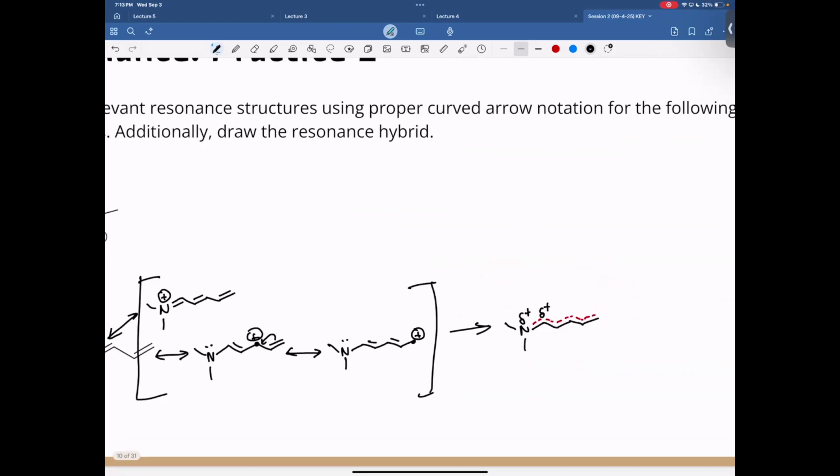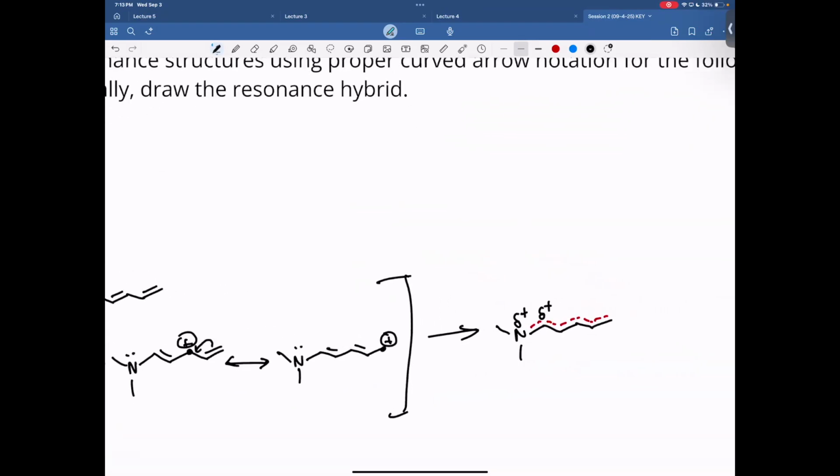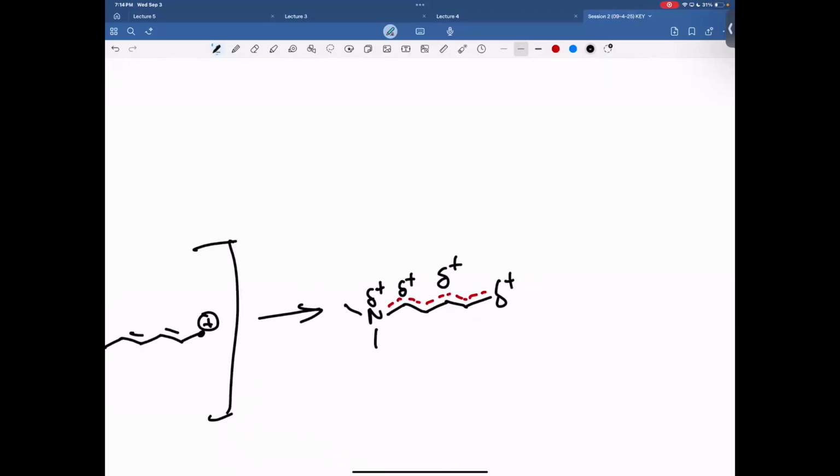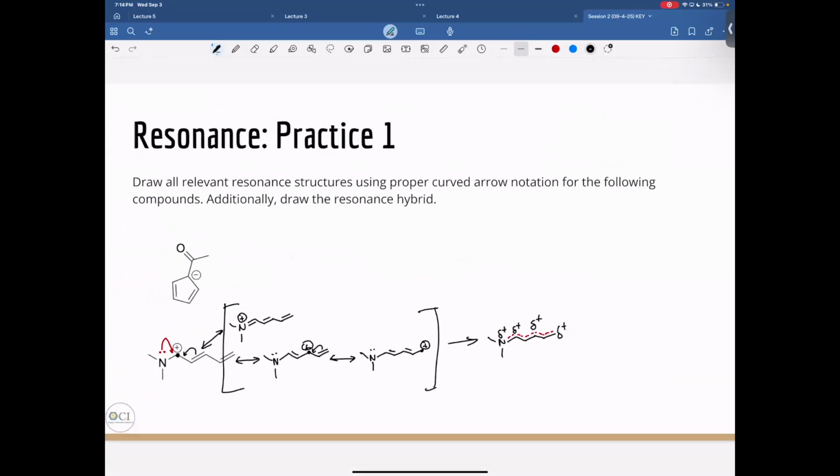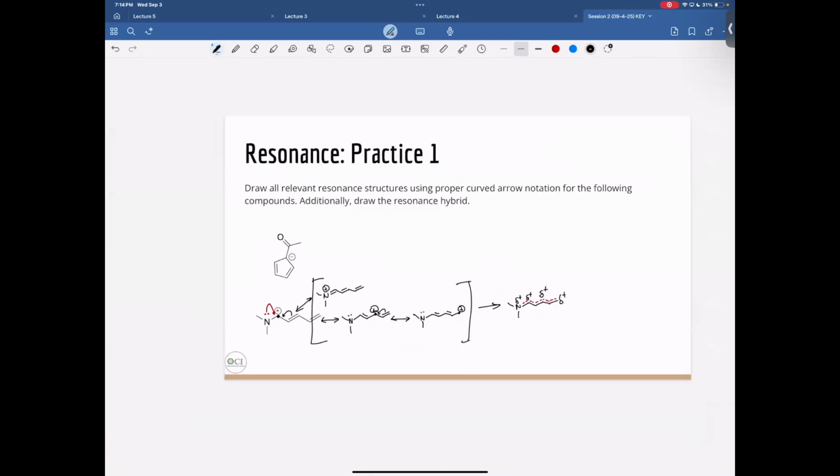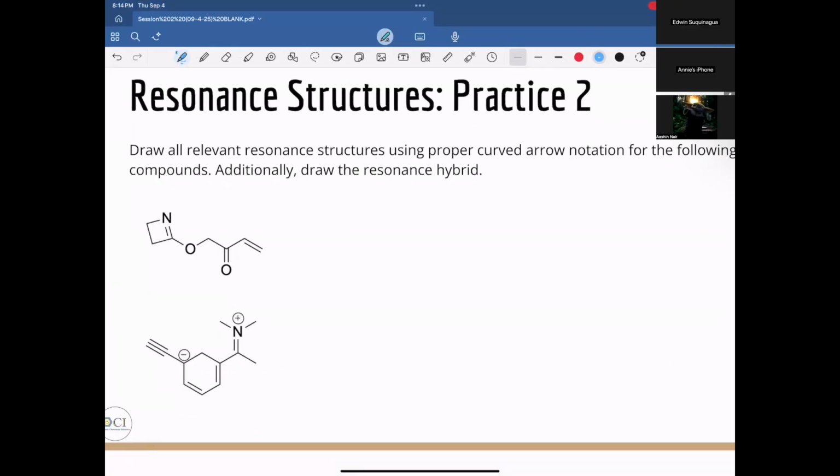And then partial positive right here. And another one at the very end. And that's going to be your resonance hybrid. Any questions? Make sense? Thumbs up if you get it. Good stuff.